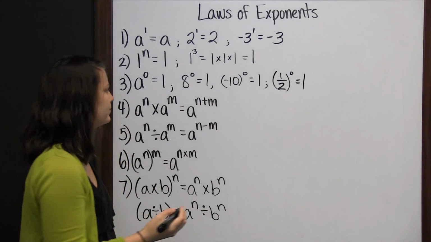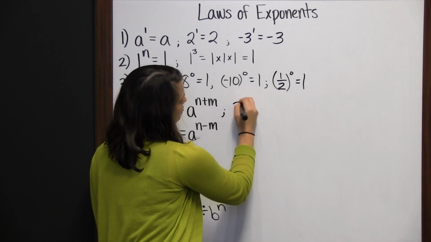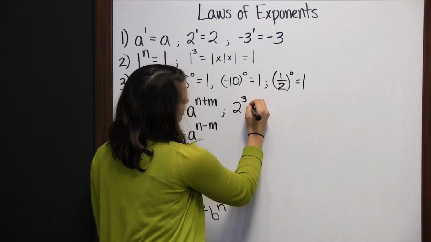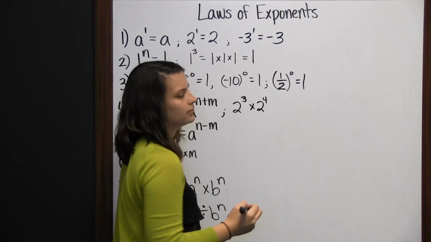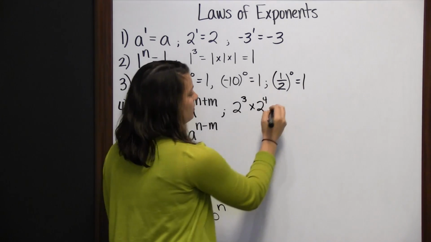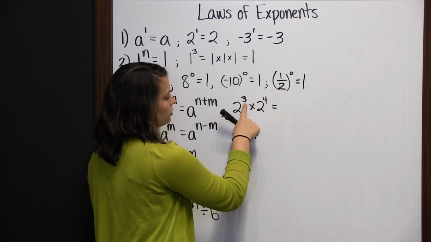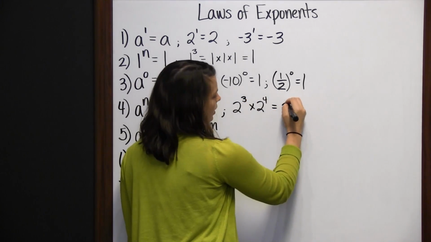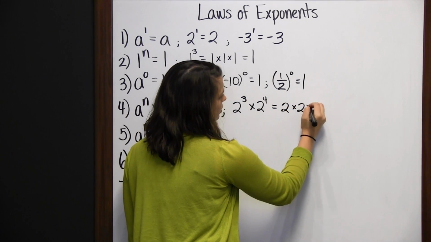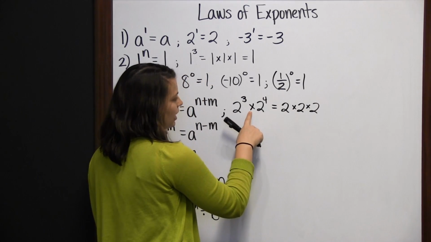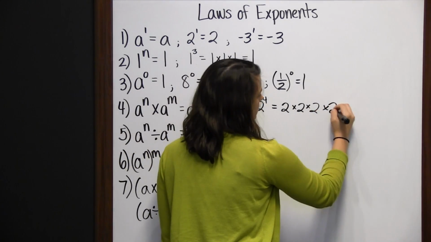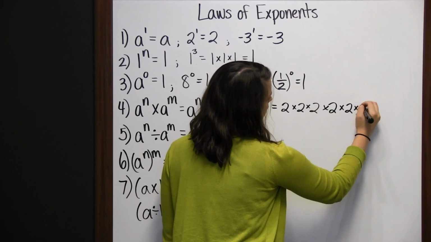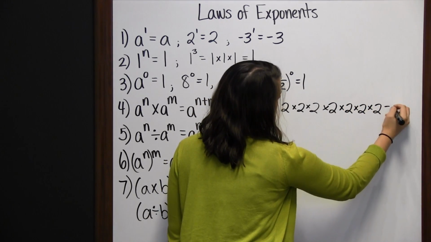Let's look at why. So say we were doing 2 cubed times 2 to the 4th. Well, what that really means is 2 cubed is 2 times itself 3 times, so 1, 2, 3 times, times 2 times itself 4 times, so 1, 2, 3, 4 times.